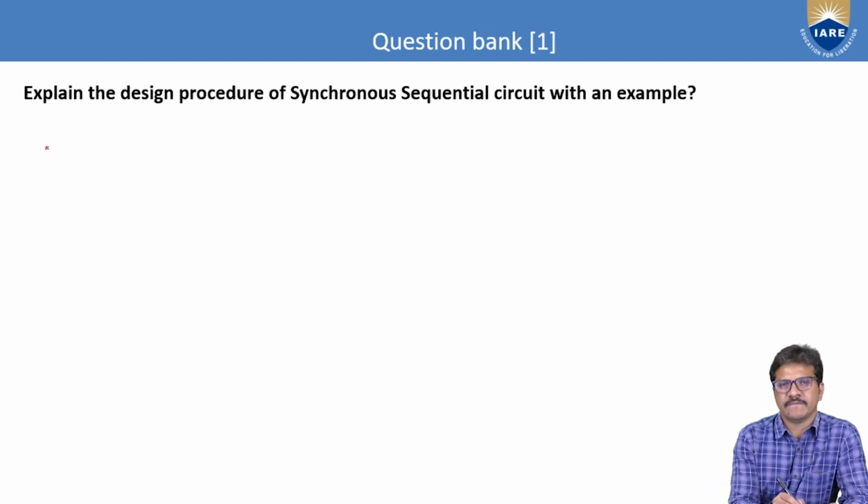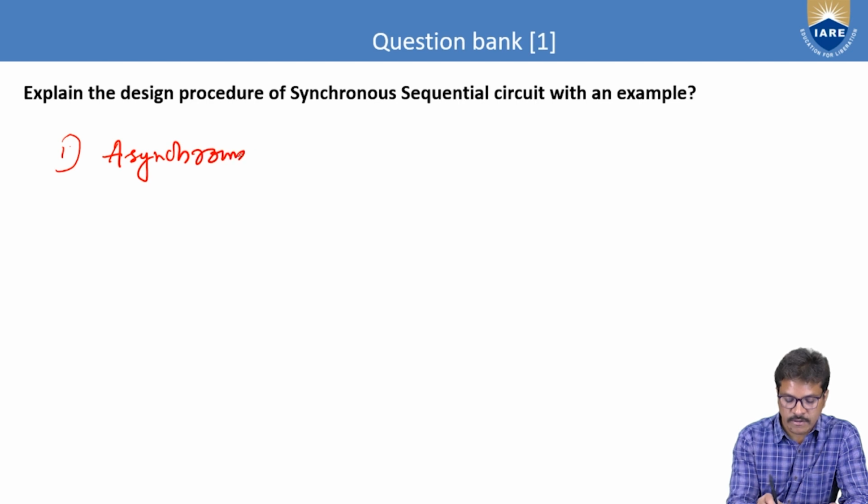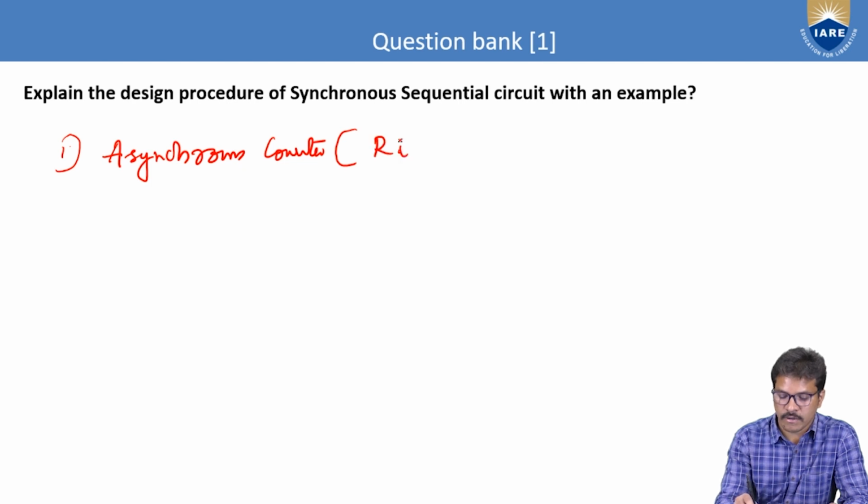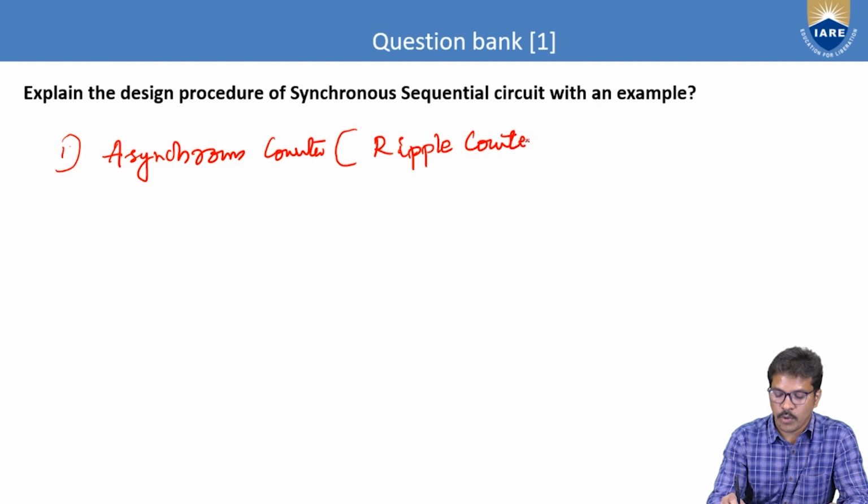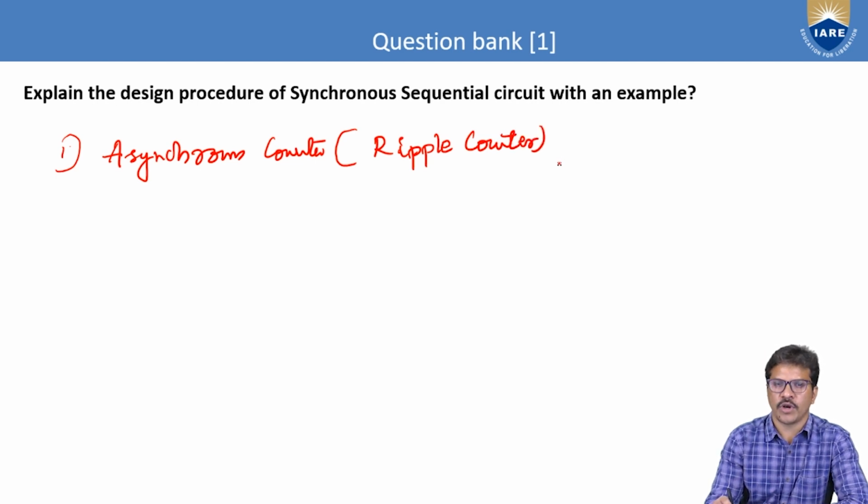Counters are the most important examples of sequential circuits. Basically, there are two types of counters. Asynchronous counters, which are also called ripple counters. A ripple counter is a counter where the output of one flip-flop is driven to the other flip-flop to change the states.